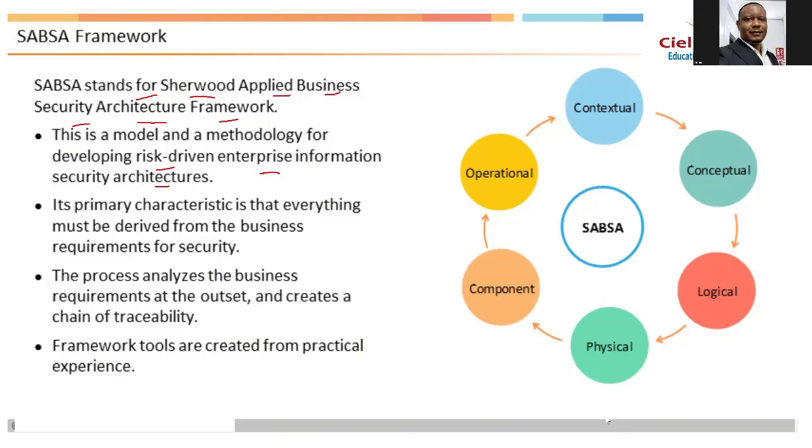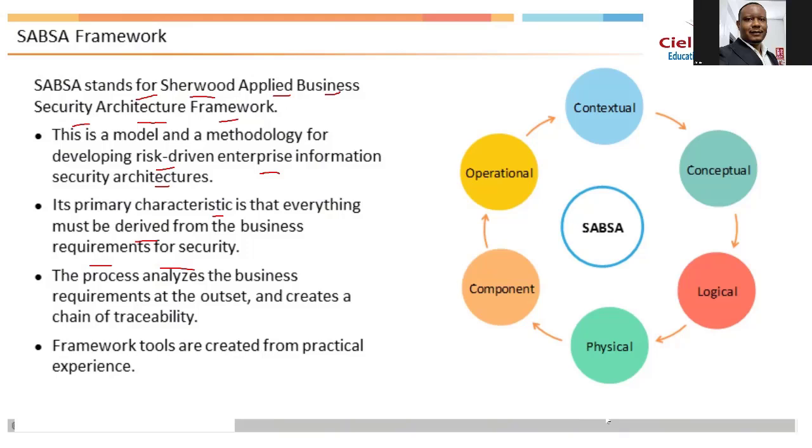Aside from that, the primary characteristic is that everything must be derived from the business requirement for security. More or less what I've said before. In essence, everything starts with the business requirement for security. So this ensures that security is not treated as an isolated function, but is embedded into the whole business strategy.